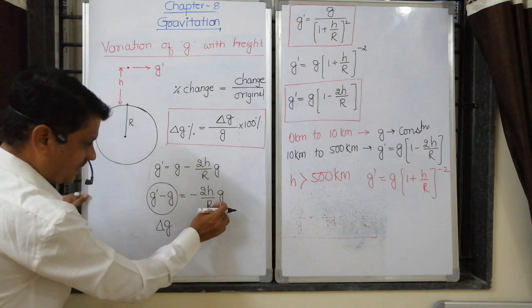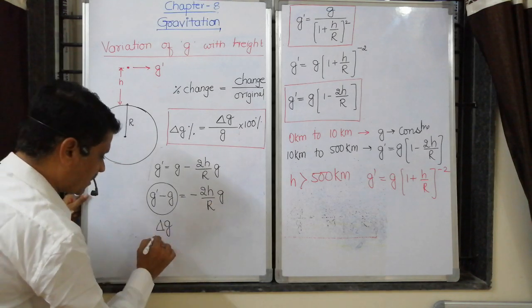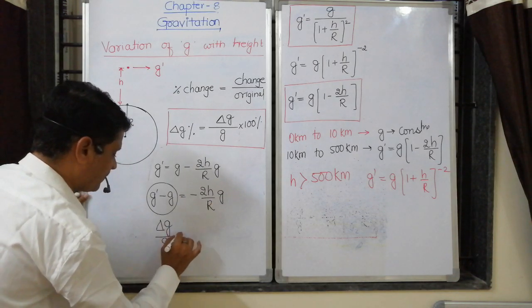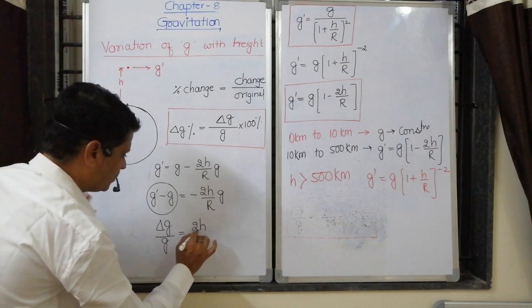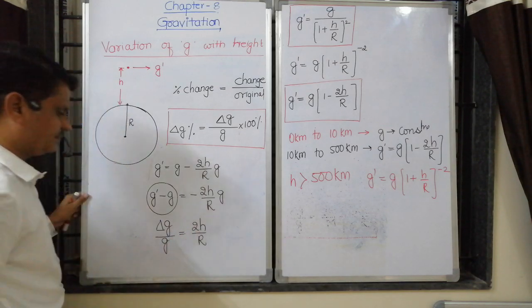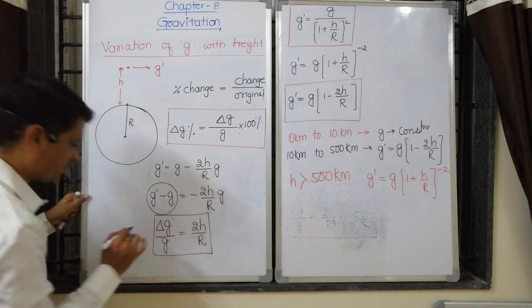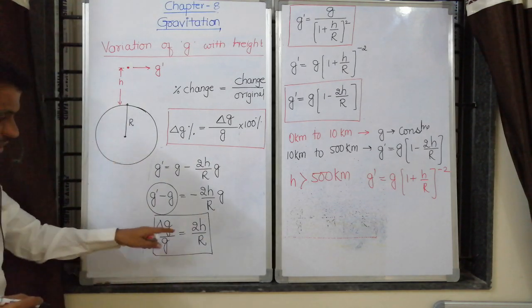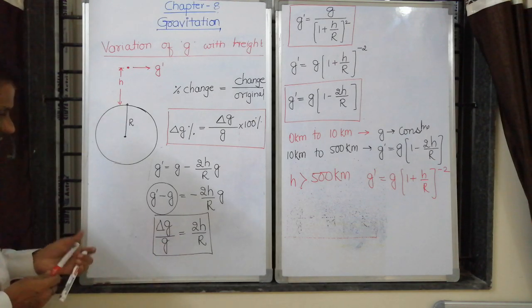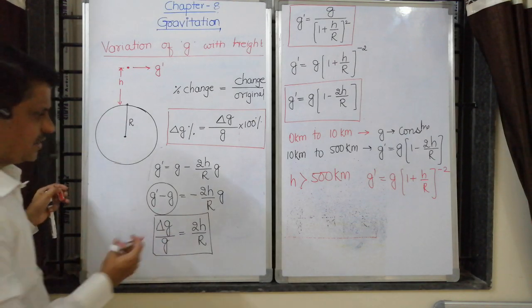Change in g, if I bring this g down, it will be divided by g is equal to 2h by r. This is called a fractional change in g. If you multiply this by 100, you get a percentage change.